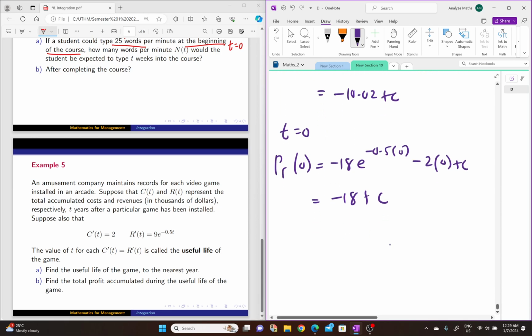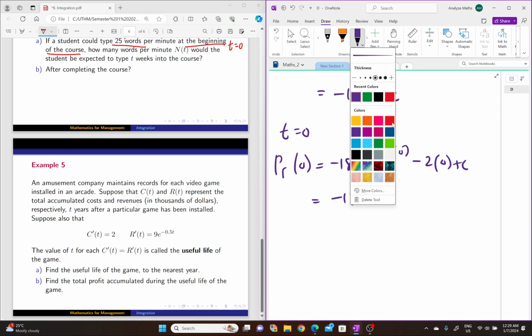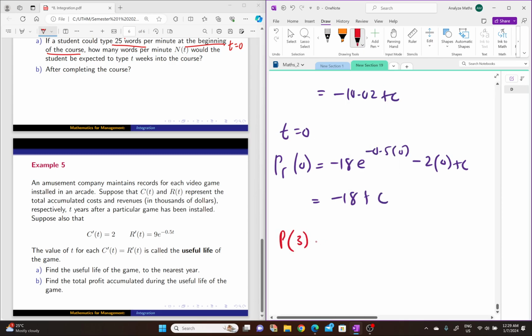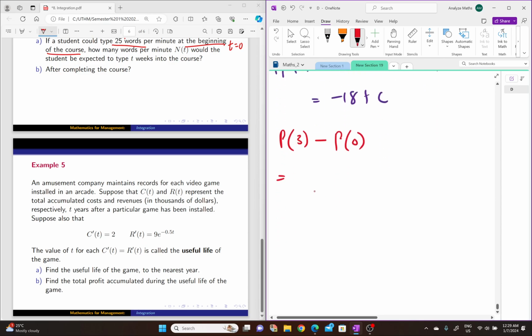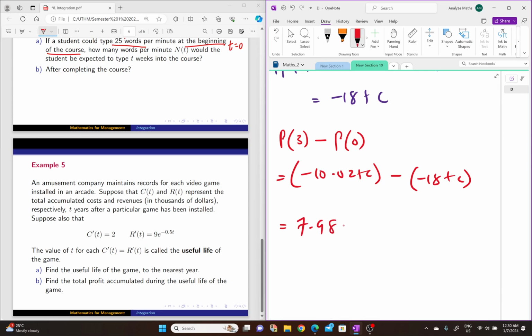Okay, so what you do now, P(3) minus P(0), that is the accumulated profit. 7.98, that is the accumulated profit. So this is how you have to do on example 5.